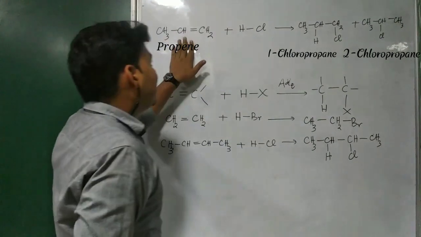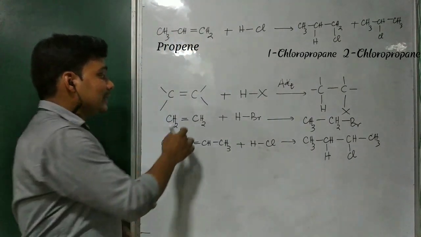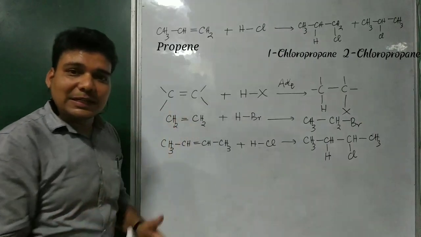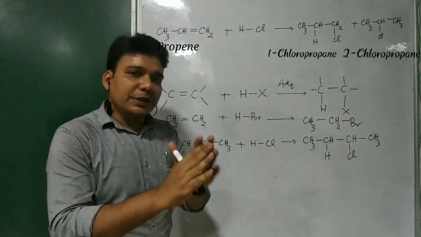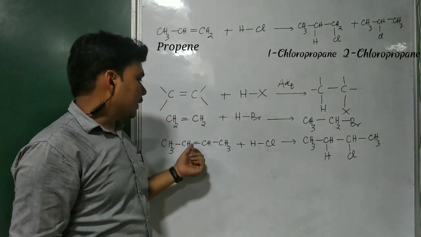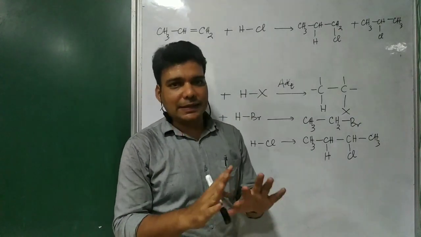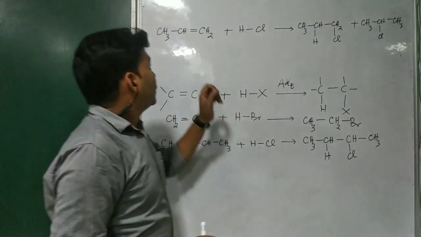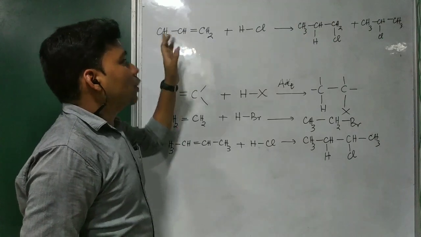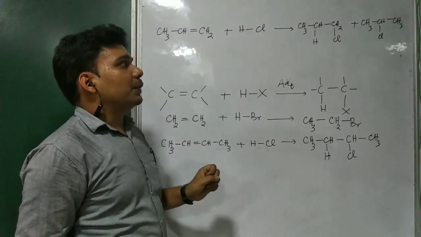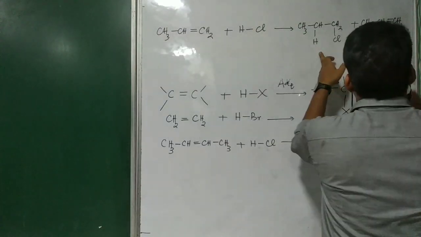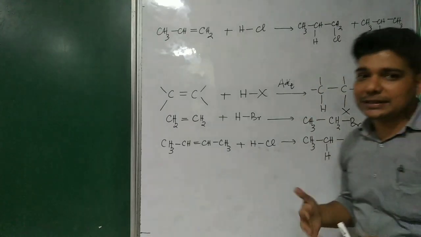If the alkene is symmetrical, then you need not be confused because both the doubly bonded carbons are the same. Whereas when the alkene is unsymmetrical, you need to think whether this product or this product will be formed in major amount.